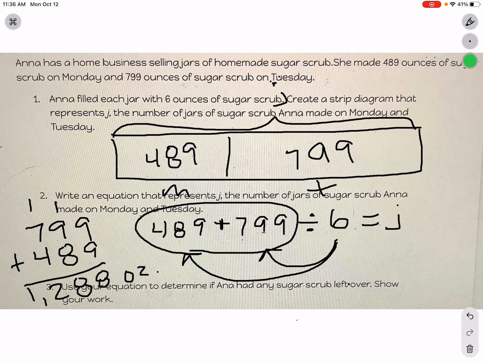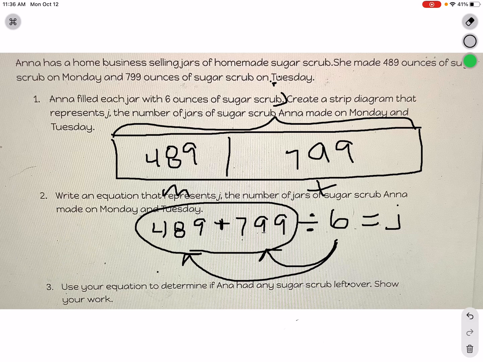I'm going to do this problem using partial quotients. We know that 1,288 is our total number of ounces. I'm going to make room by getting rid of this.